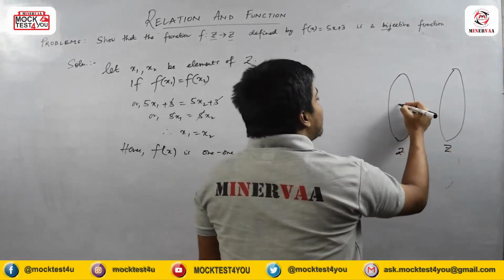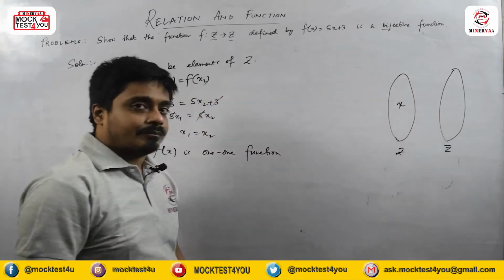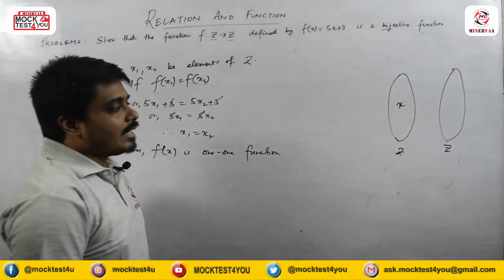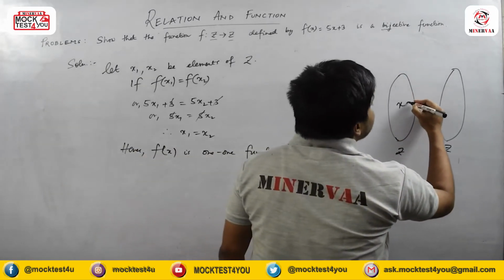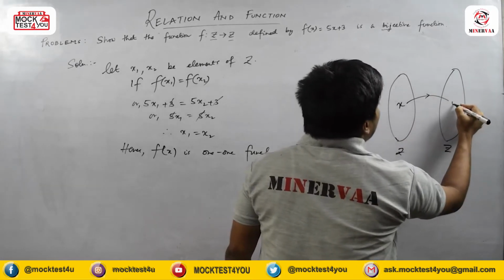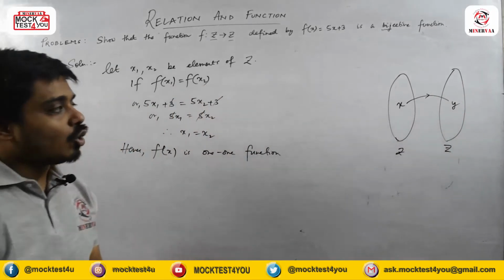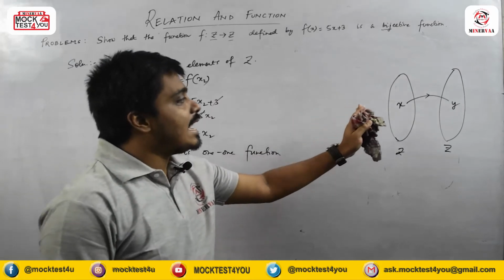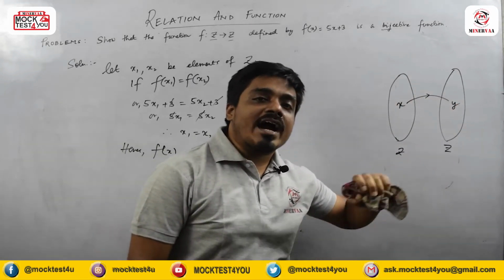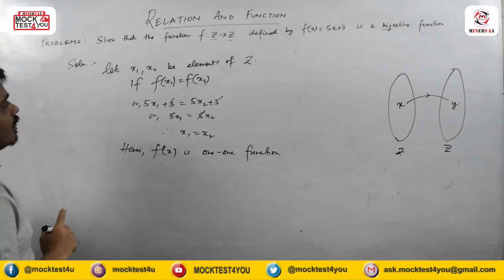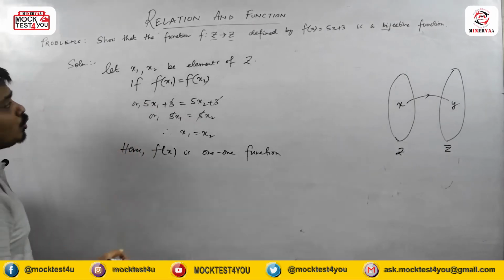Suppose we have an element X in here, X in there, right? And corresponding to this X, there is an image Y in here. So I will write in here how to proceed with onto function.